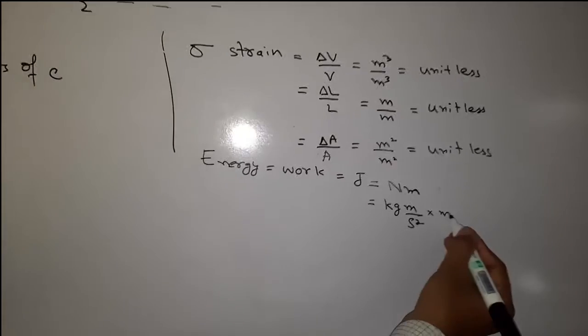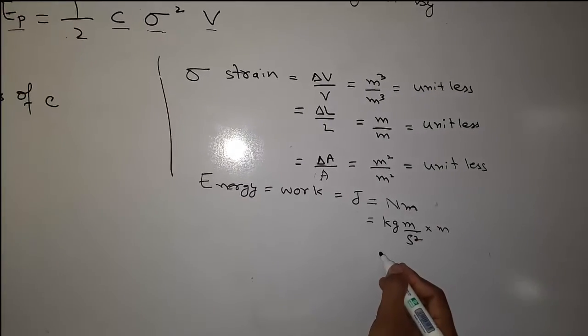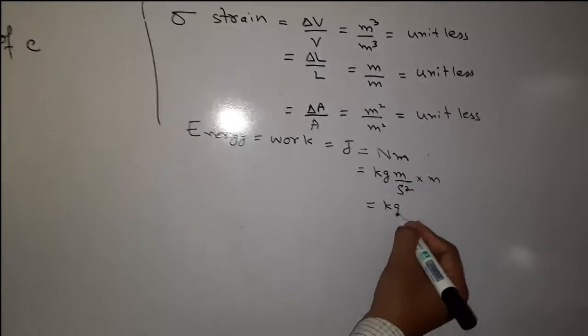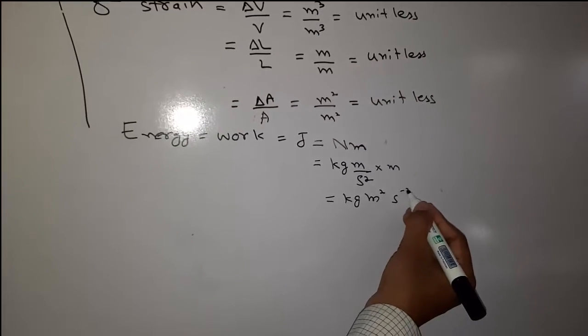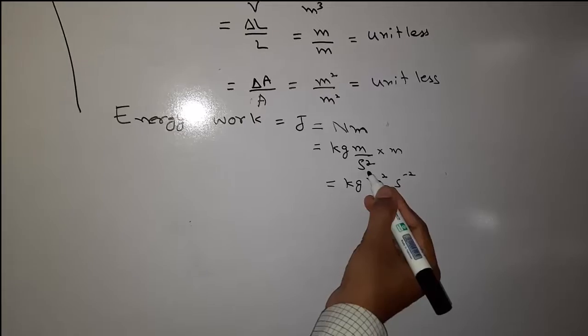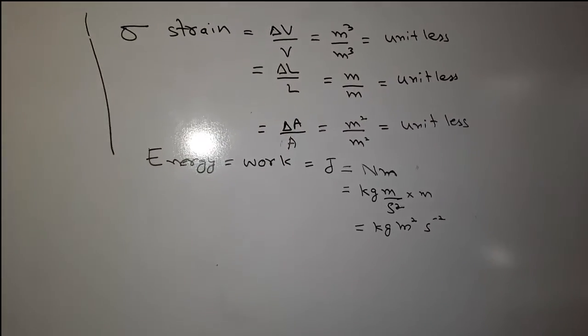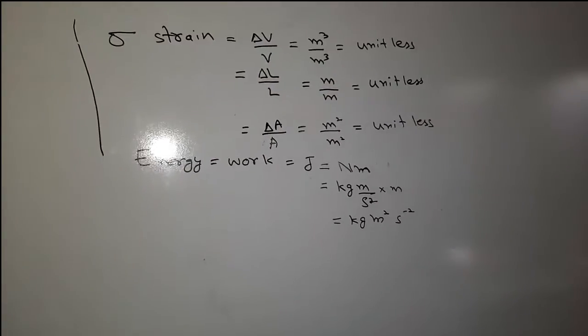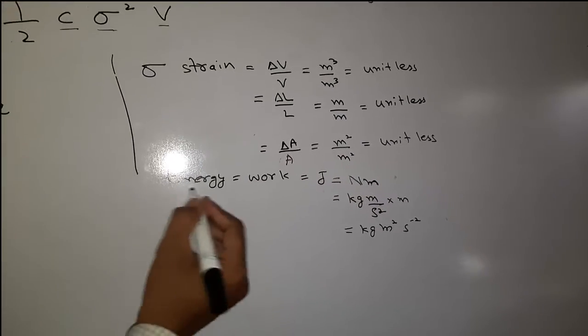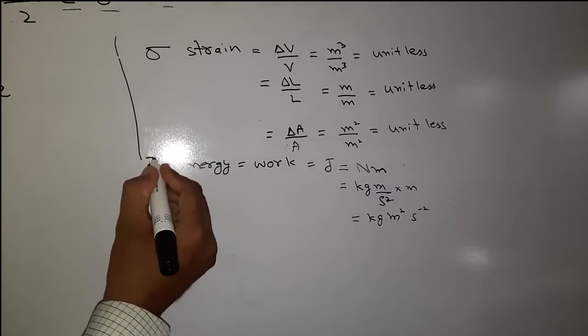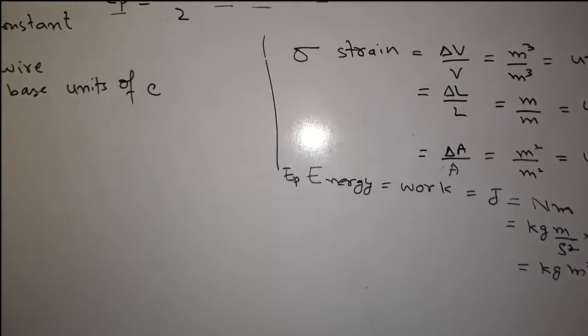Multiply by meter, and we have this. So energy we can write as kilogram meter square, and second minus 2. We have shifted the denominator into the numerator. After that, sigma we have done, unitless; energy EP we have done. This EP is representing energy.